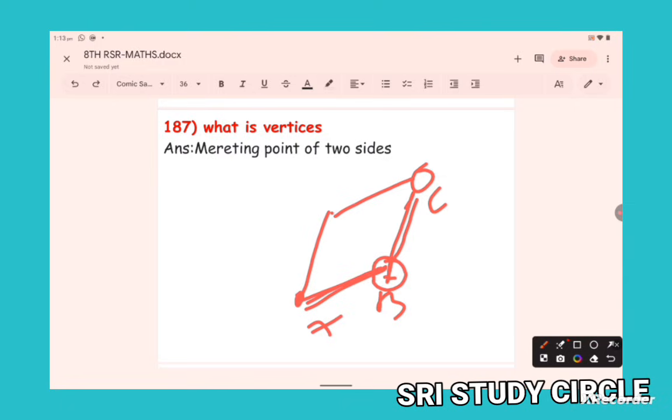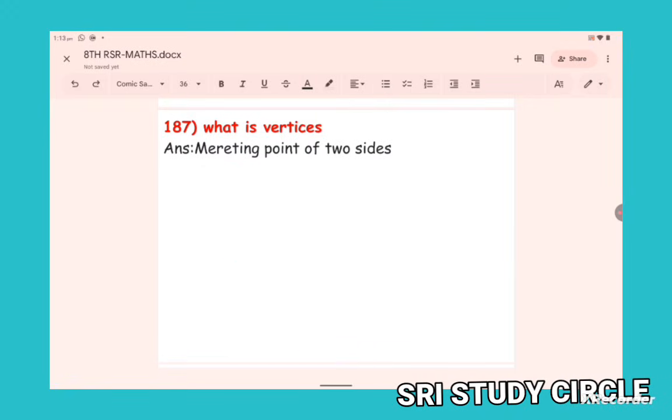So A, B, C, D are the vertices of quadrilateral ABCD. The meeting point of these two sides is C, this one is D, and this one is A.